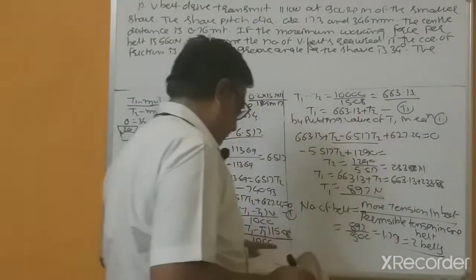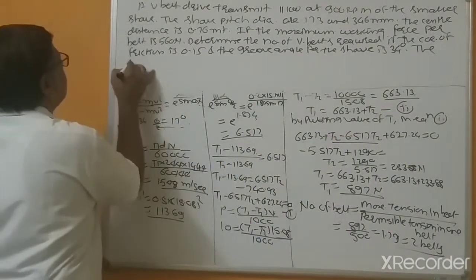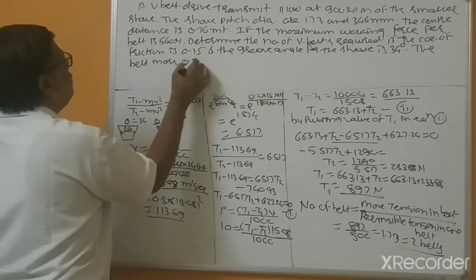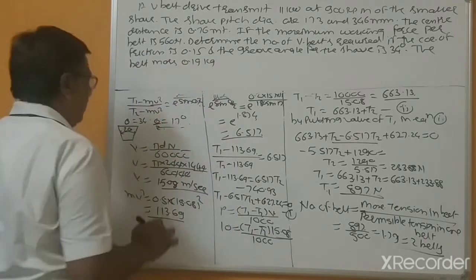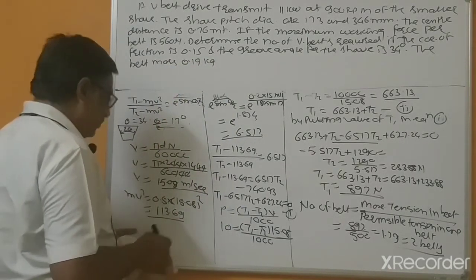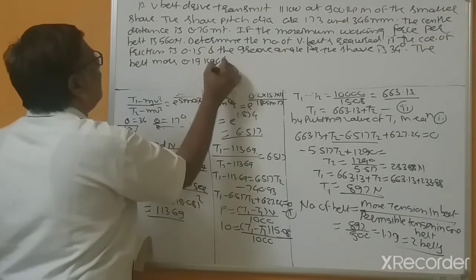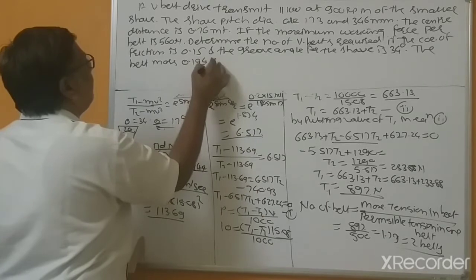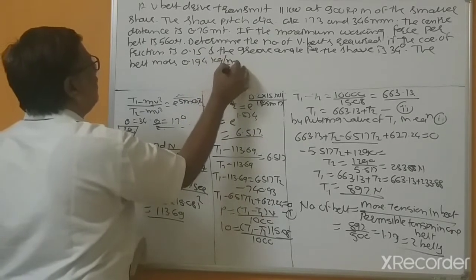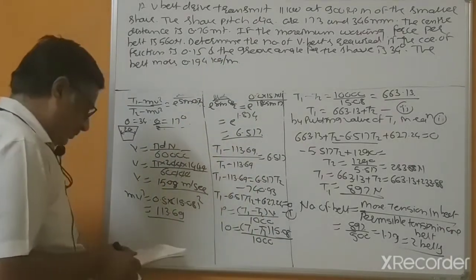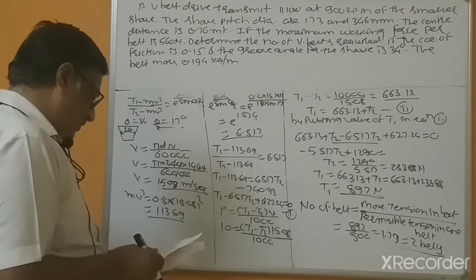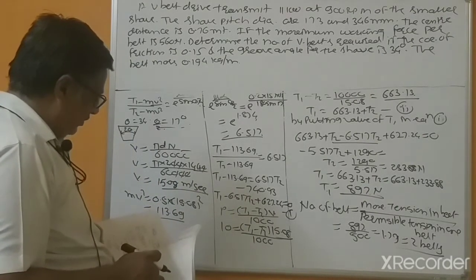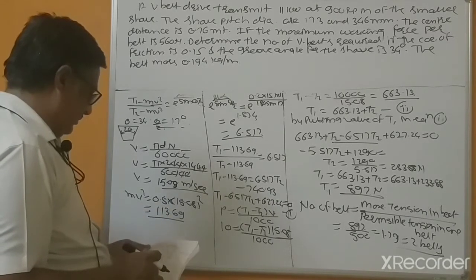The belt mass is equal to 0.194 kg per meter.